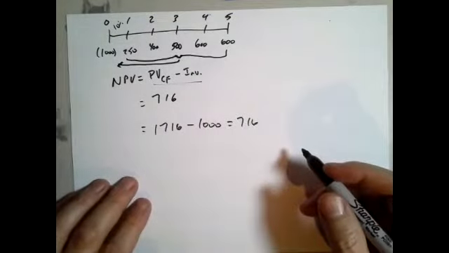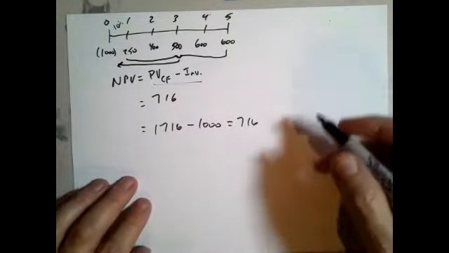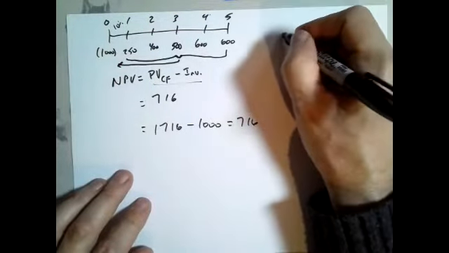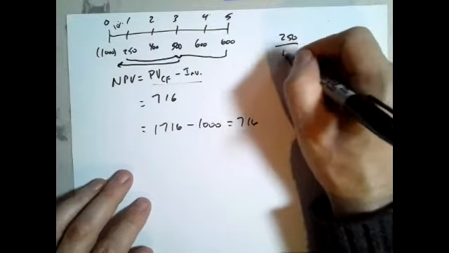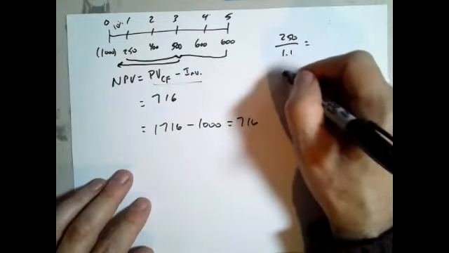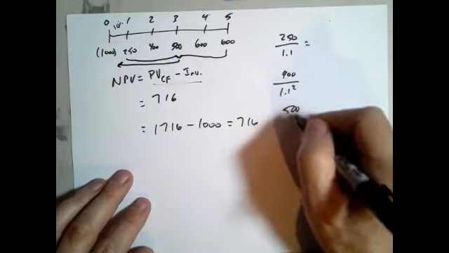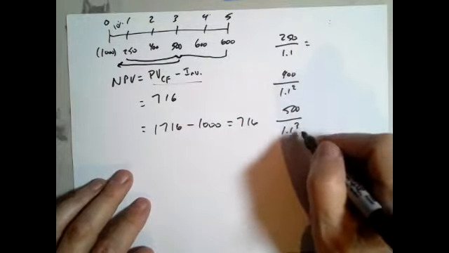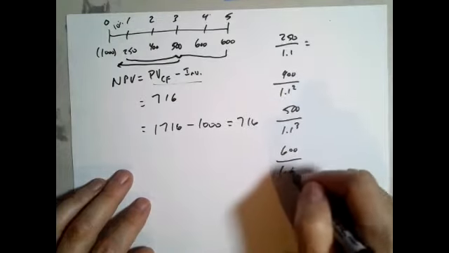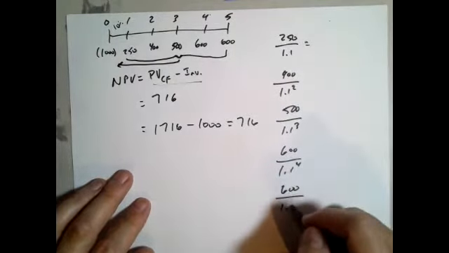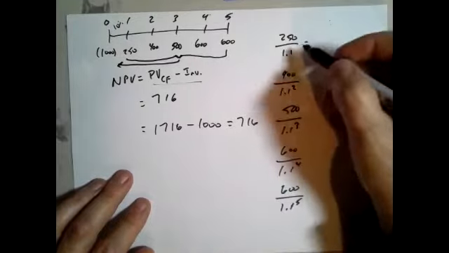You can muscle through this problem calculating the present value of each of them. So that would look like 250 divided by 1.1, 400 divided by 1.1 squared, 500 divided by 1.1 cubed, 600 divided by 1.1 to the fourth, and 600 divided by 1.1 to the fifth. Why?